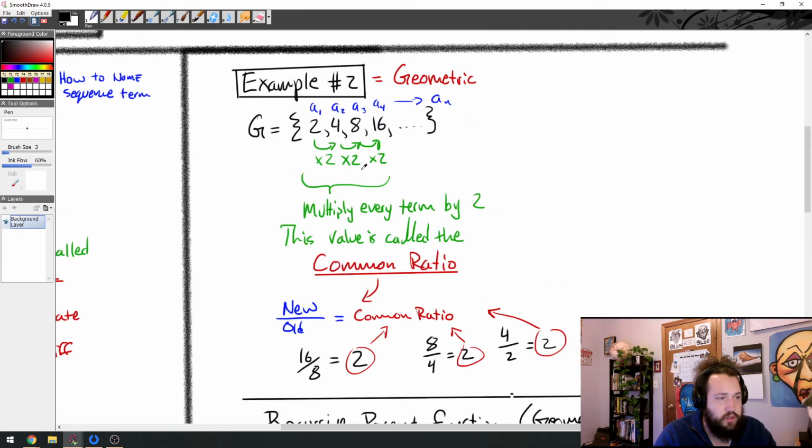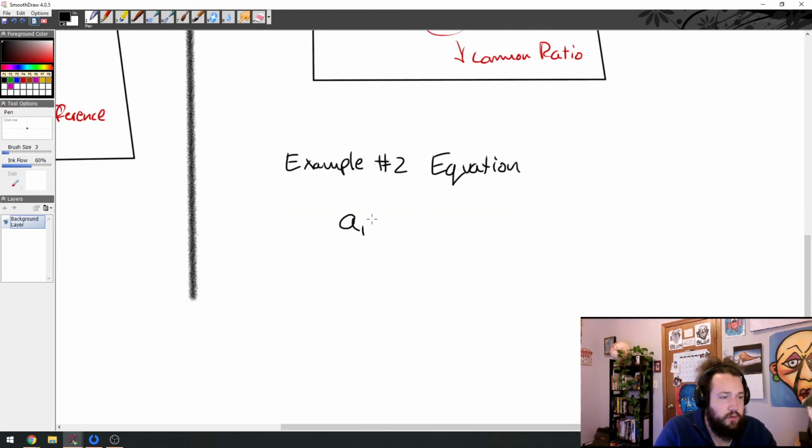It's also 2, and then I'm multiplying by 2. So I have A1 equals 2, and then AN equals AN minus 1 times 2.